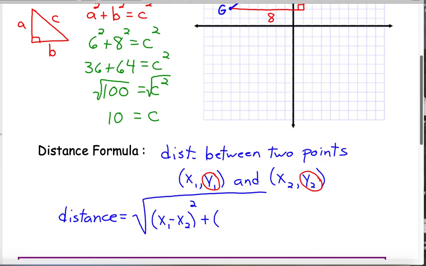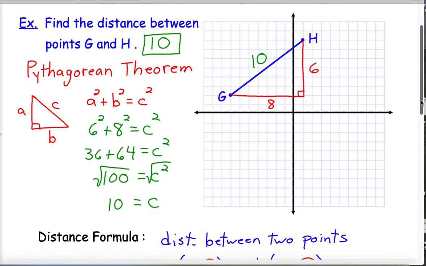We're going to subtract those. So y sub 1 minus y sub 2, and then square that. And then we'll take the square root of that entire answer. So let's go back up to this problem and show you how to do that algebraically with this distance formula instead of doing it geometrically with the Pythagorean theorem.